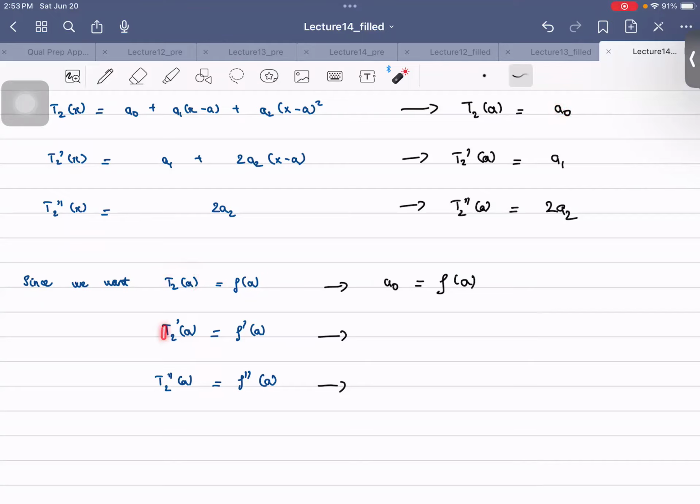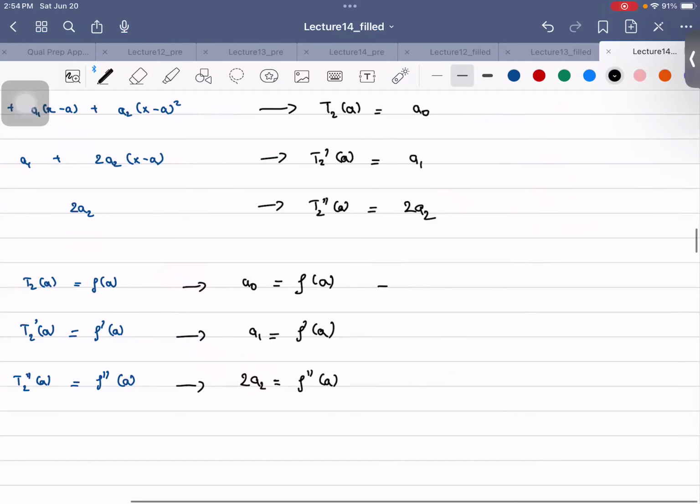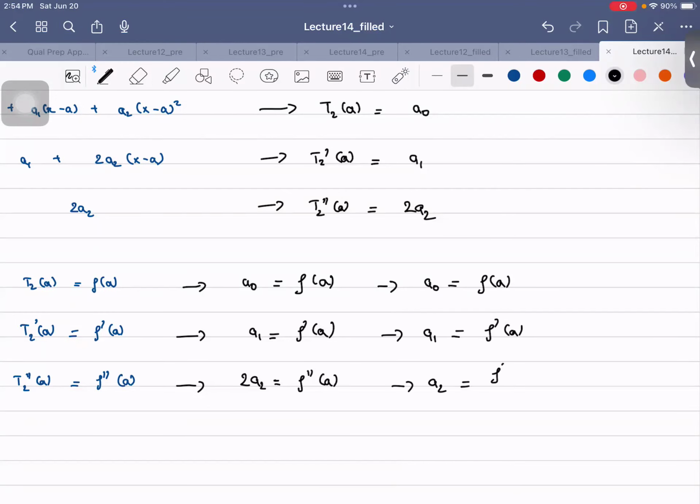For T2 prime of a, which is a1, you have a1 equal to f prime of a. And for T2 double prime of a, we have 2a2, so 2a2 equals f double prime of a. So from here, a0 will be determined by f of a, a1 will be f prime of a, and a2 is going to be f double prime of a divided by 2.